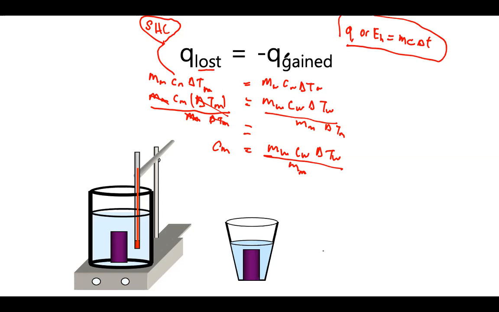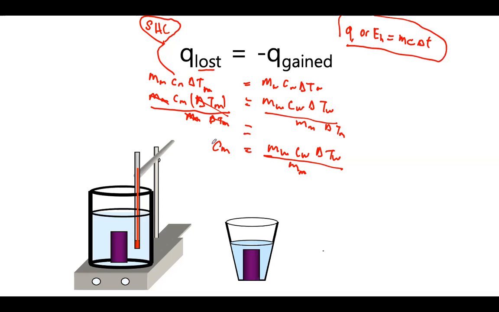We have the heat gained here. The water was the one that gained heat, and the metal lost heat to the water. So the next step would be to find the specific heat capacity of the metal. That is our aim.